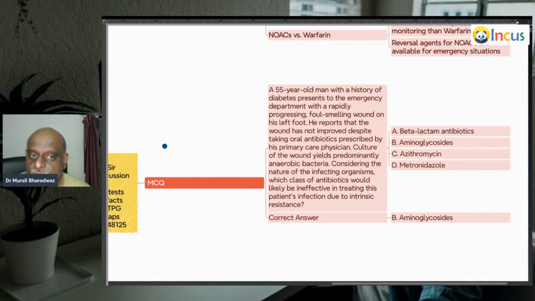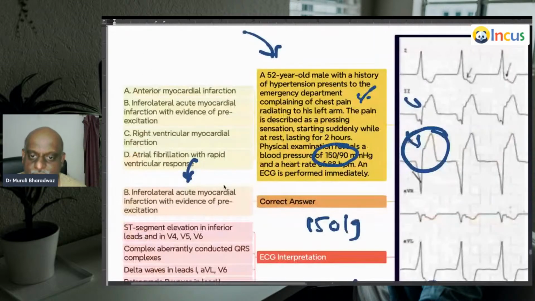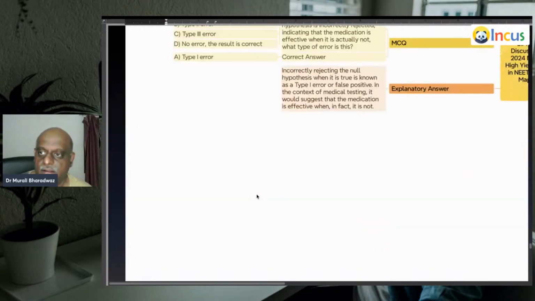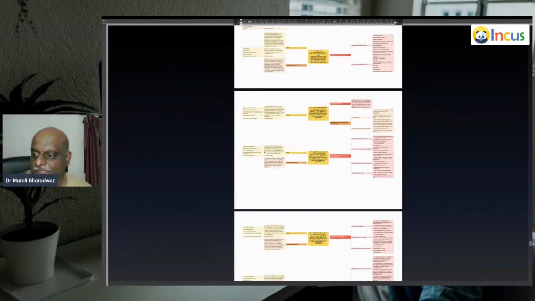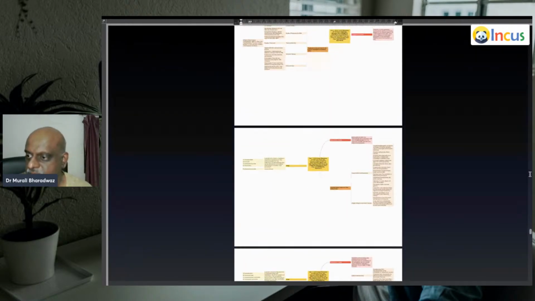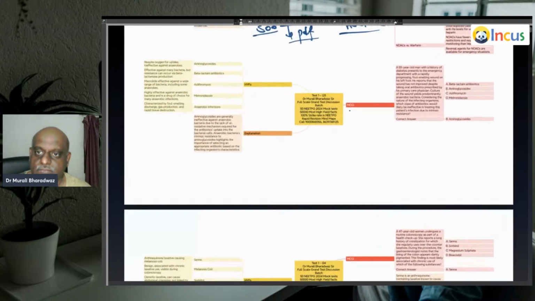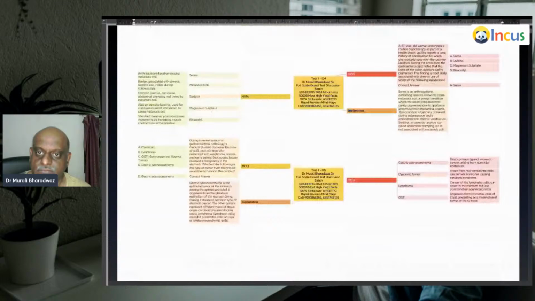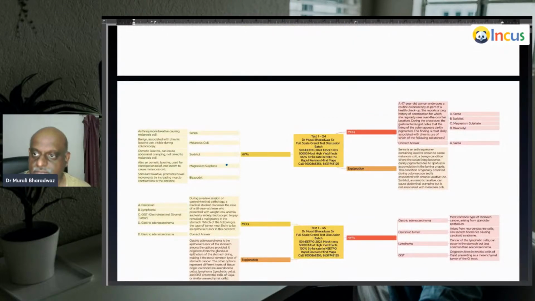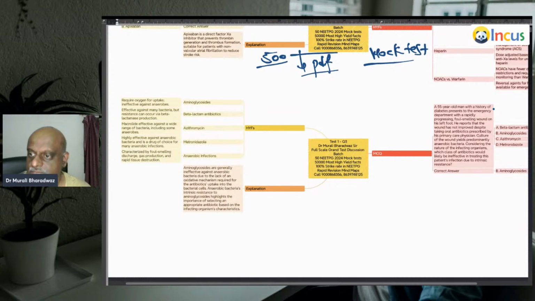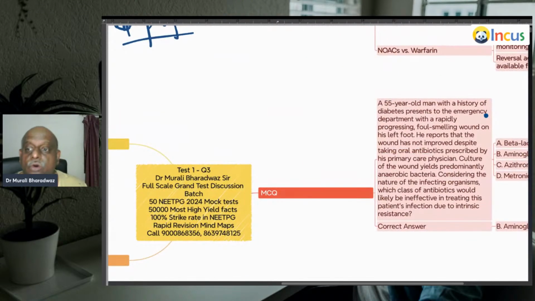There are a lot of anaerobic bacteria. One minute, doctor. Anaerobic bacteria.